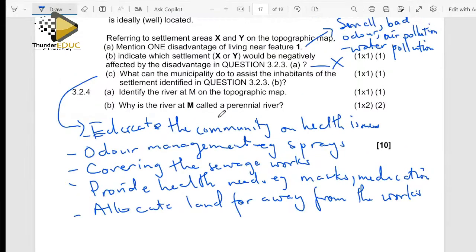Then we move on to the last question, number 3.2.4.